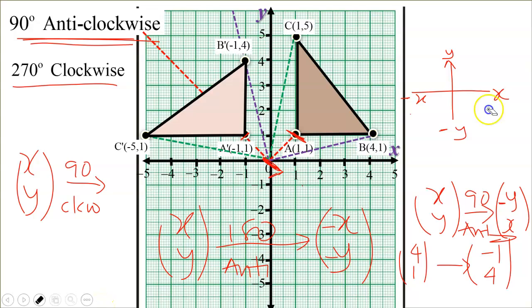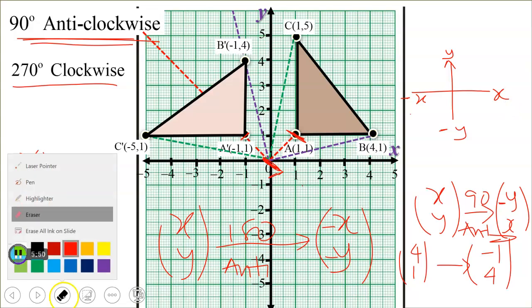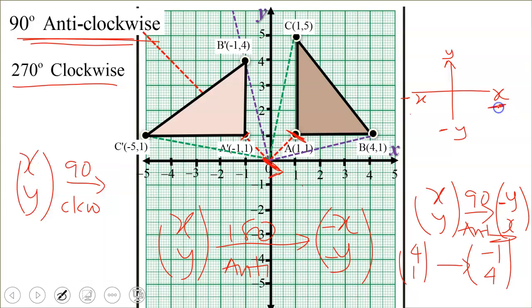The x here moves 90 degrees to the y position, and then y also moves 90 degrees to the x position. So we interchange the position of y and x. Okay, then with y going to the x position, it was positive, but then x going to the y position became negative. So we negate this one.